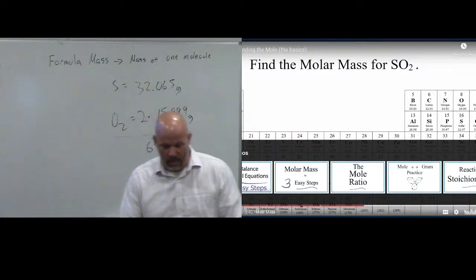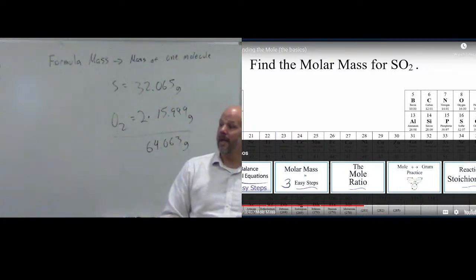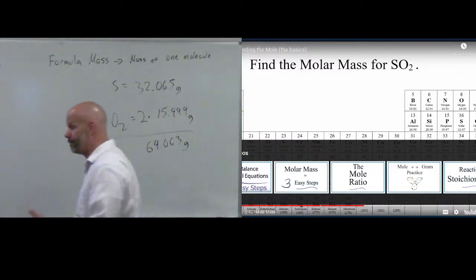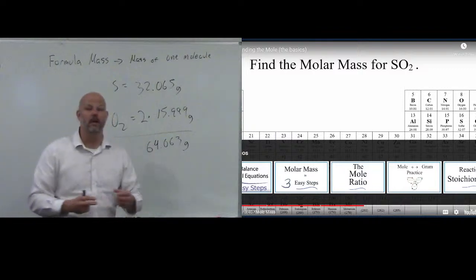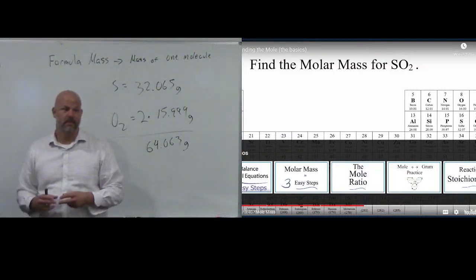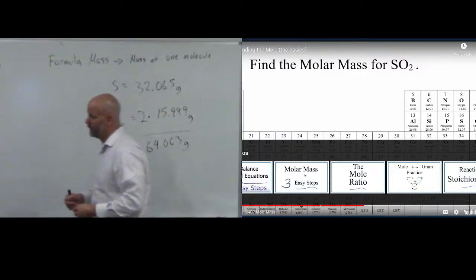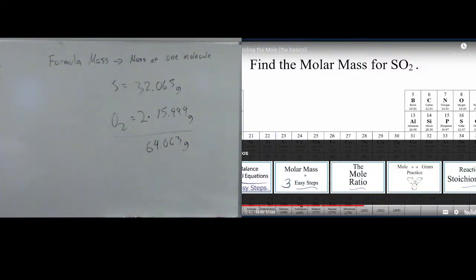And if we were to stack them up on a table, a mole might look much bigger because maybe it's less dense, or maybe it's more dense, but they're going to have the same number of atoms in them, or particles, as they're describing it here. Okay, let's go ahead with this for a minute.